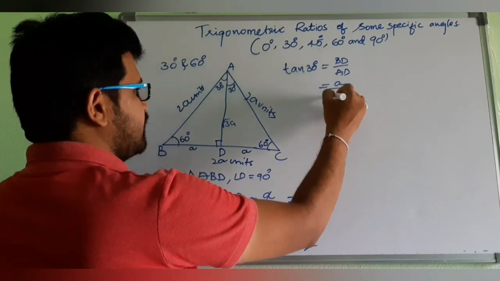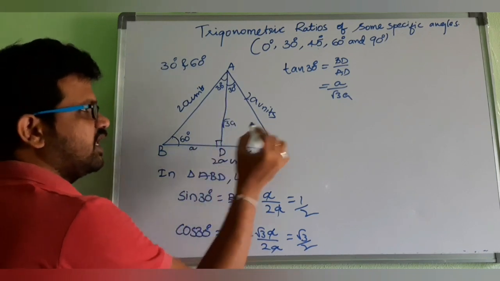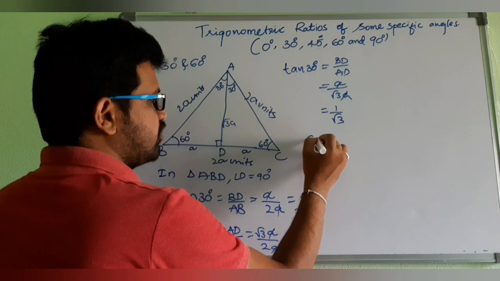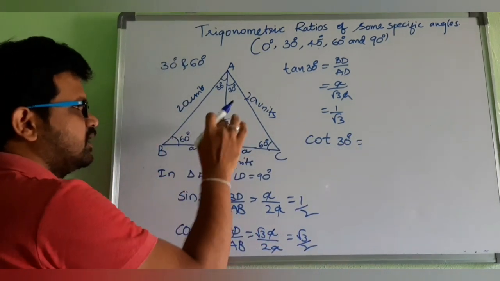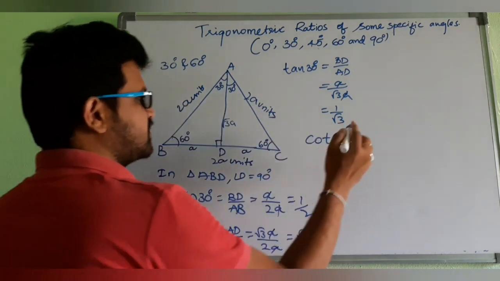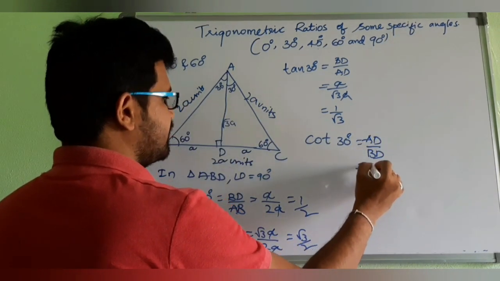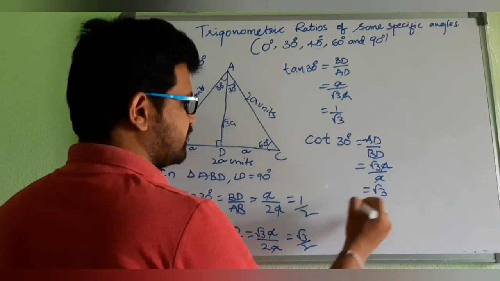So A by root 3A, A cancel, that is 1 by root 3. And cot 30 degrees, adjacent side by opposite side, that is AD by BD, root 3A by A, A cancel, that is root 3.